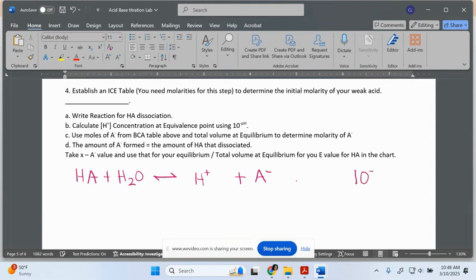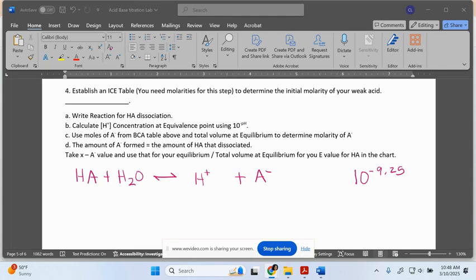So if I take 10 to the negative 9.25, that's going to give me my H plus.